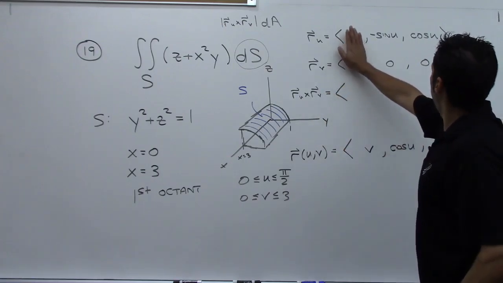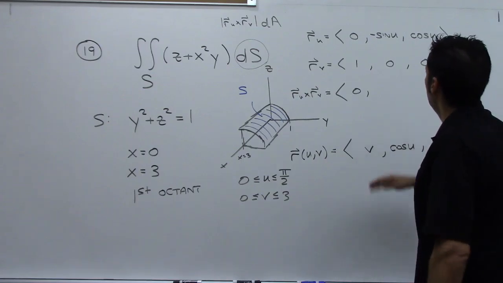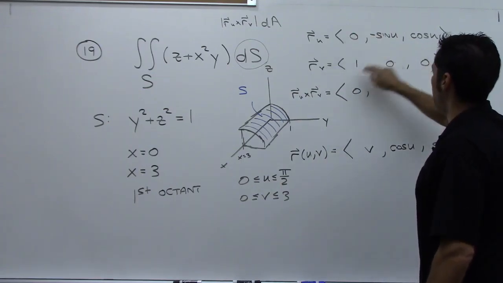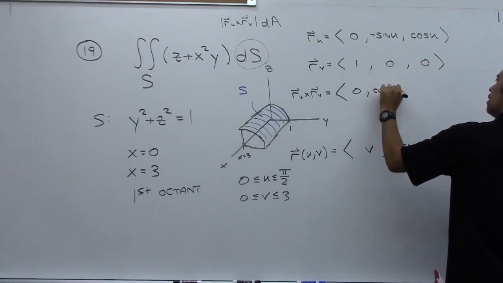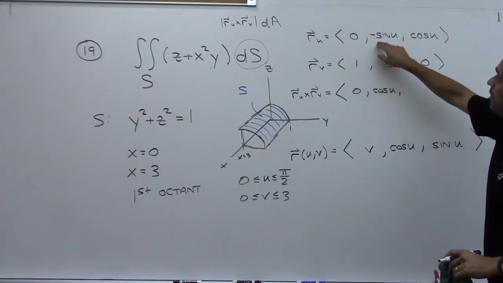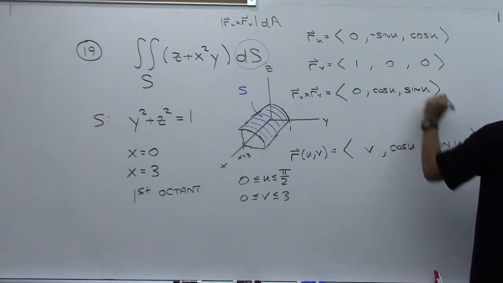We cover this up and get zeros there. Cover this up, we get 0, and then minus cosine u, but it's the middle one, so it's positive cosine u. And we cover this one up, we get 0, and then minus and negative, so it's going to be plus, so we get sine u.